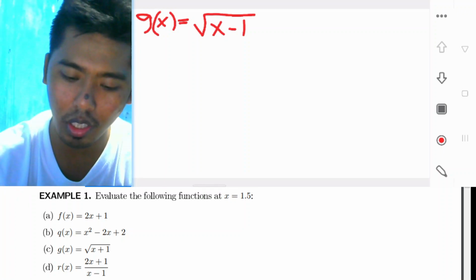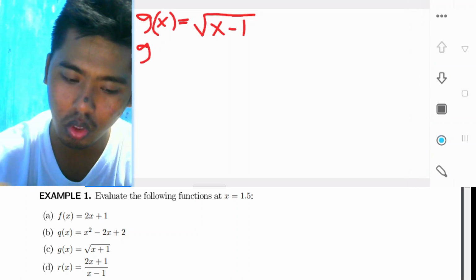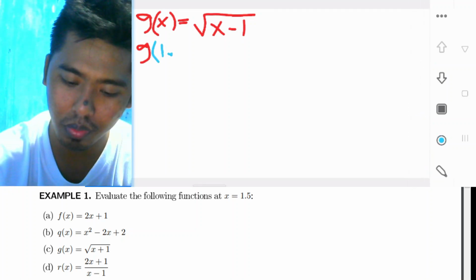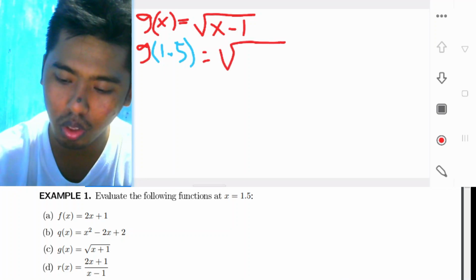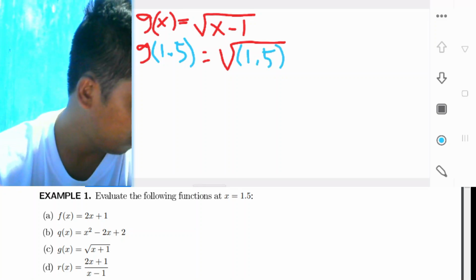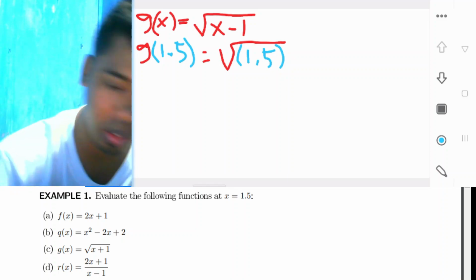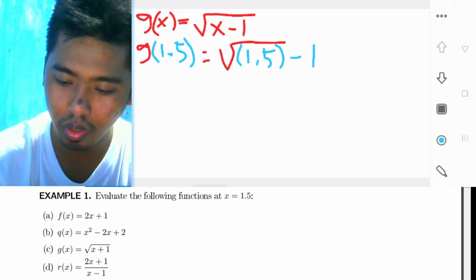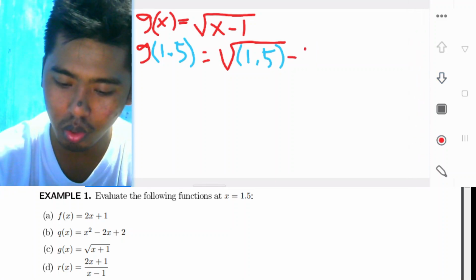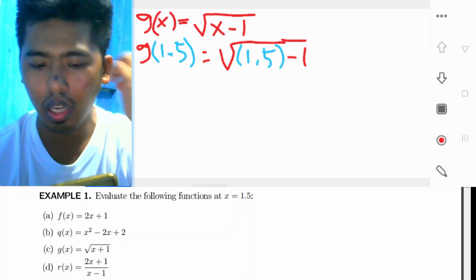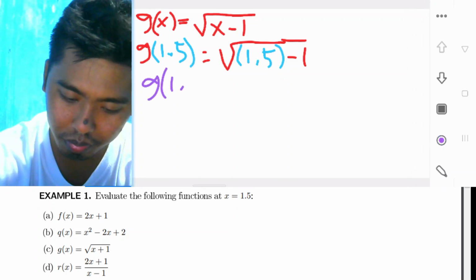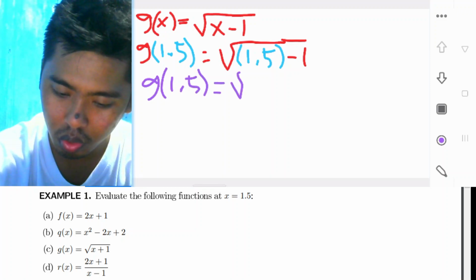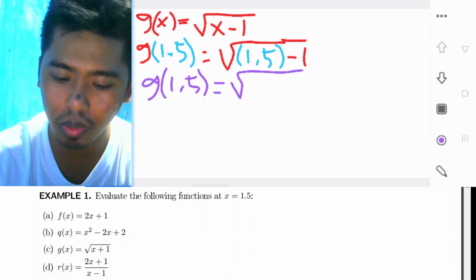Now the value of x is 1.5, so that will become g of 1.5, equal to the square root of 1.5 minus 1, that becomes 0.5.